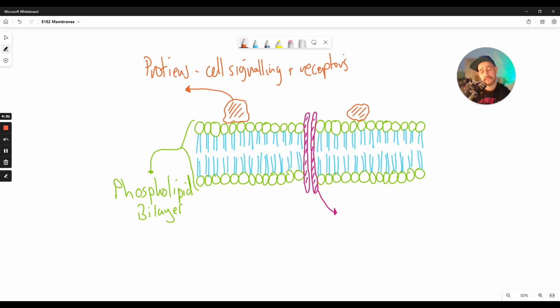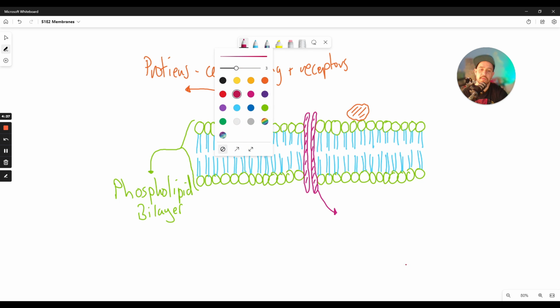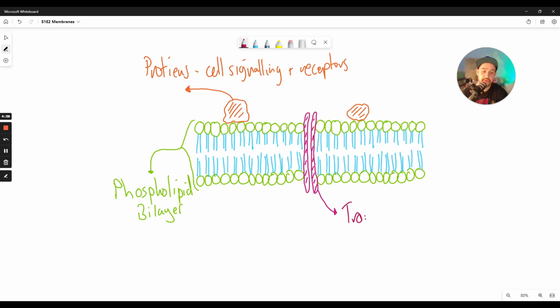So our membrane then has these proteins on the surface, but they also have proteins that cross the membrane, okay? And we call these transmembrane protein. Trans meaning to go across. Okay, so it goes across the membrane, and by doing so, it creates this channel.